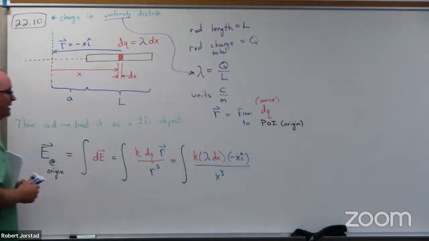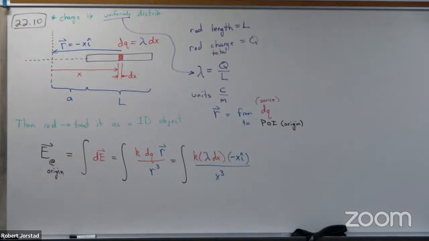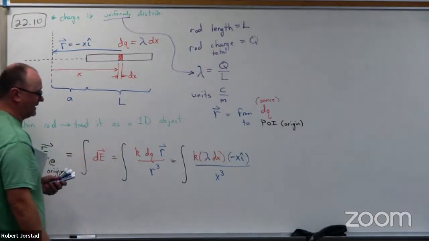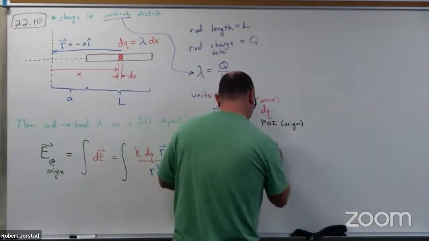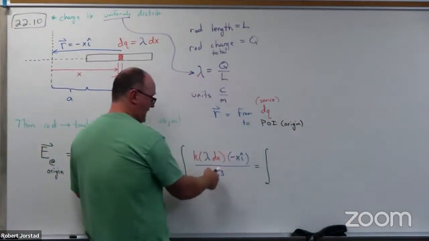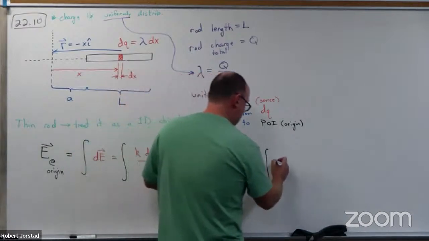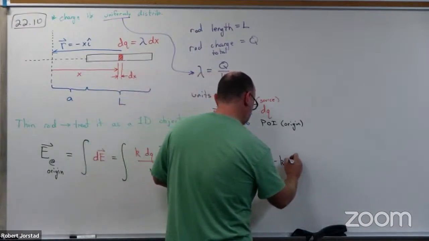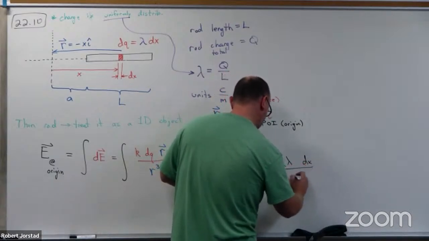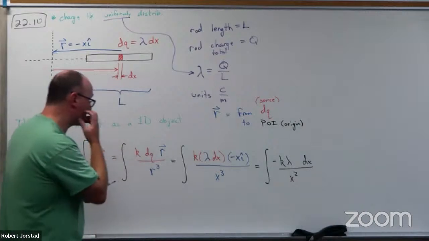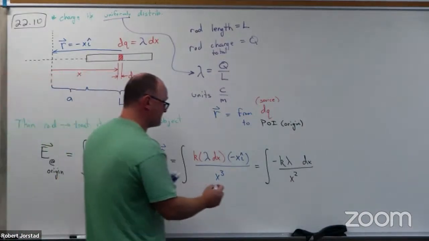And now, gee, I bet you can figure this out. This isn't necessarily the standard way of writing it. Let's clean it up one more step so you can see it better. One of the x's is going to cancel. I get negative K lambda dx all over, what is it, x squared in the I hat.